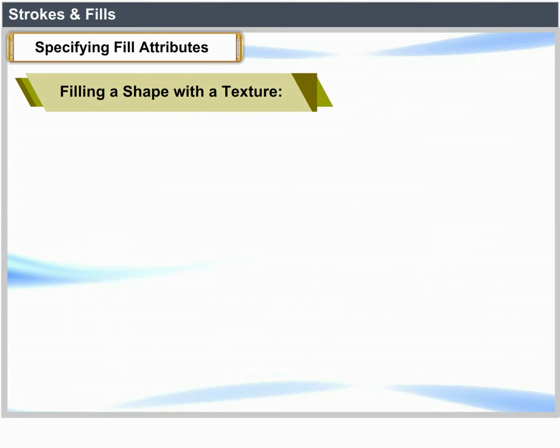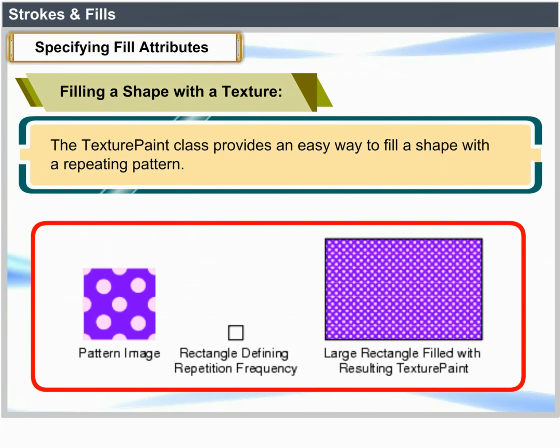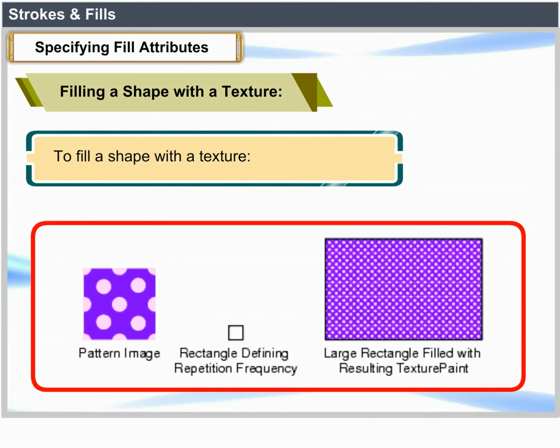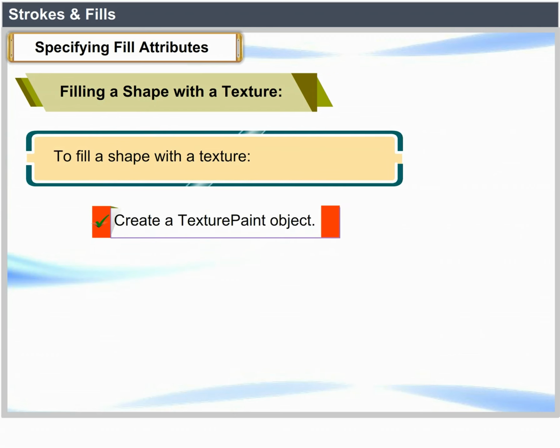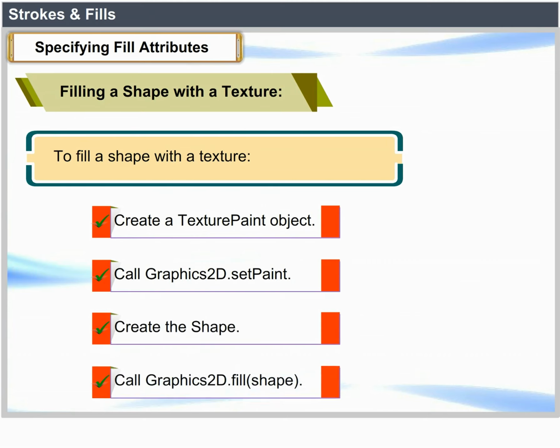Filling a shape with a texture. The TexturePaint class provides an easy way to fill a shape with a repeating pattern. To fill a shape with a texture, create a TexturePaint object. Call Graphics2D.setPaint. Create the shape and call Graphics2D.fill of shape.